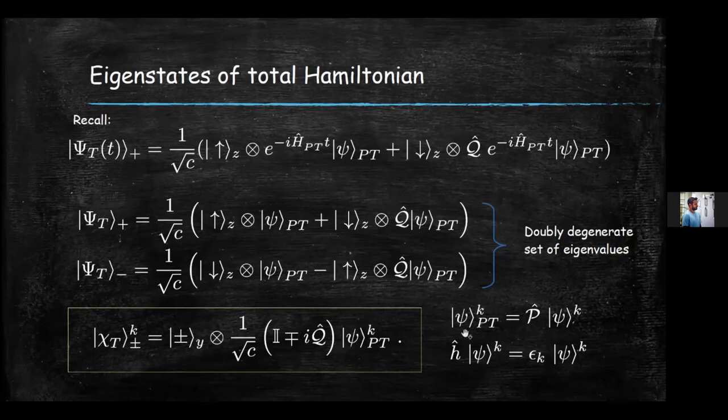So now this psi PT is related to the eigenstate of this seed Hamiltonian by this similarity transformation, and the corresponding eigenvalues we are representing here using epsilon k. So that is how we get a full set of eigenstates for such a complicated total Hamiltonian, and these states are exact solutions to that H total, and they are also separable in their ancillary and the rest of the PT degrees of freedom.